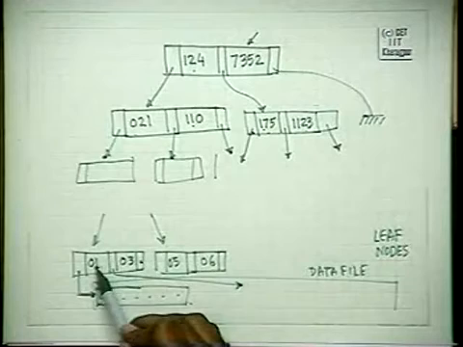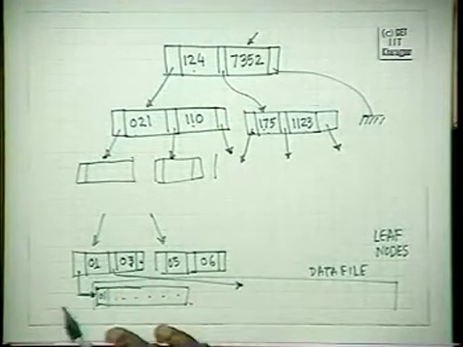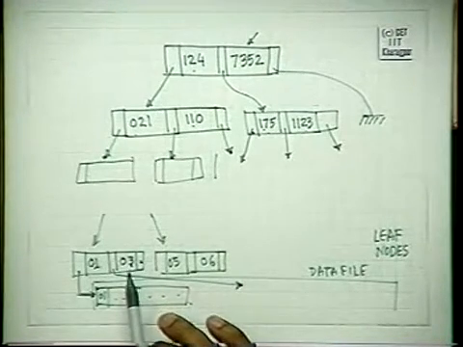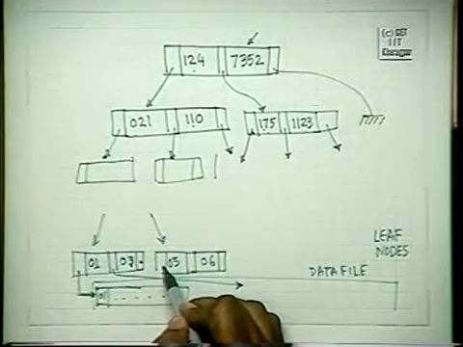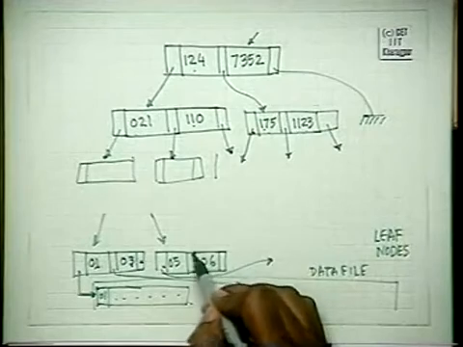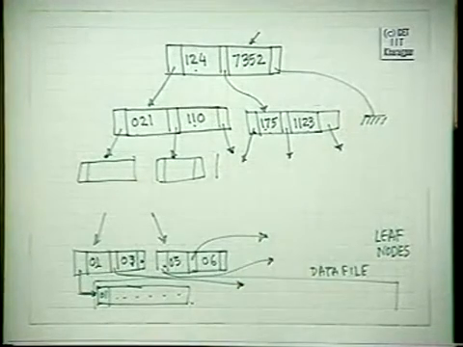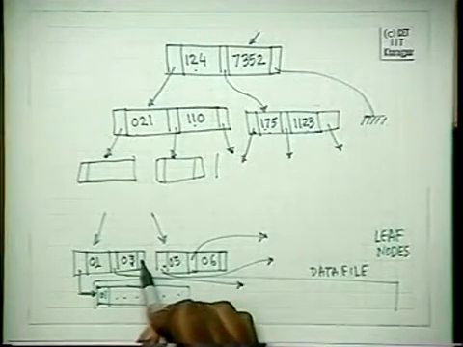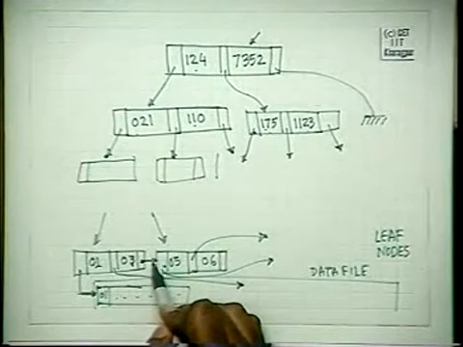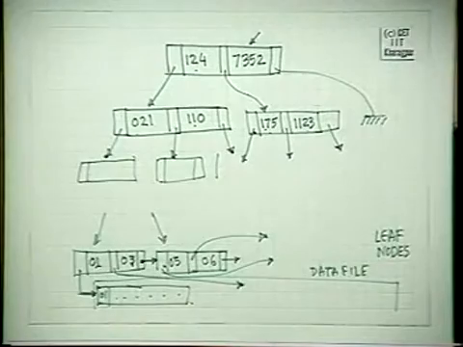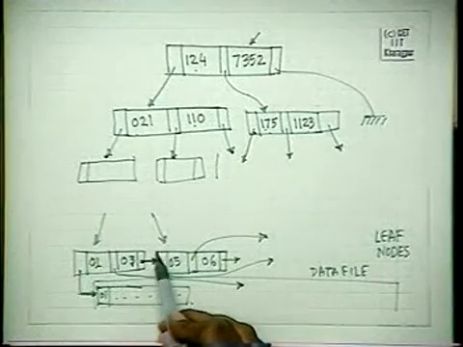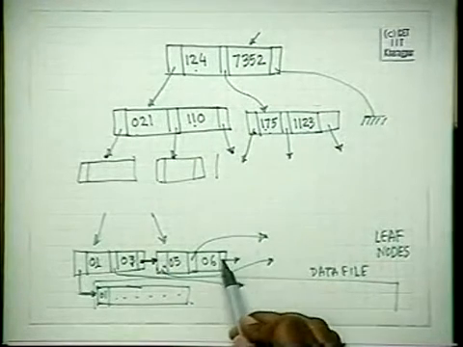If this is 0, 1 and this is 0, 3, there is no 0, 2, because we are following a dense indexing scheme. This will point to the 0, 5, this will point to 0, 6 record. So we can make use of this to point to the next record in the leaf node section. We will make the last pointer of a leaf node point to a record like this.